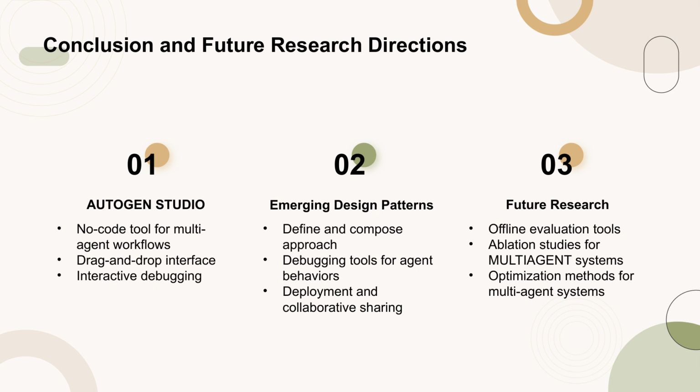Through its widespread adoption, the authors identified emerging design patterns for multi-agent developer tools, such as a define and compose approach to authoring workflows, debugging tools to understand agent behaviors, and tools to enable deployment and collaborative sharing. This tool lowers the barrier to entry for multi-agent application development, potentially accelerating innovation in the field.